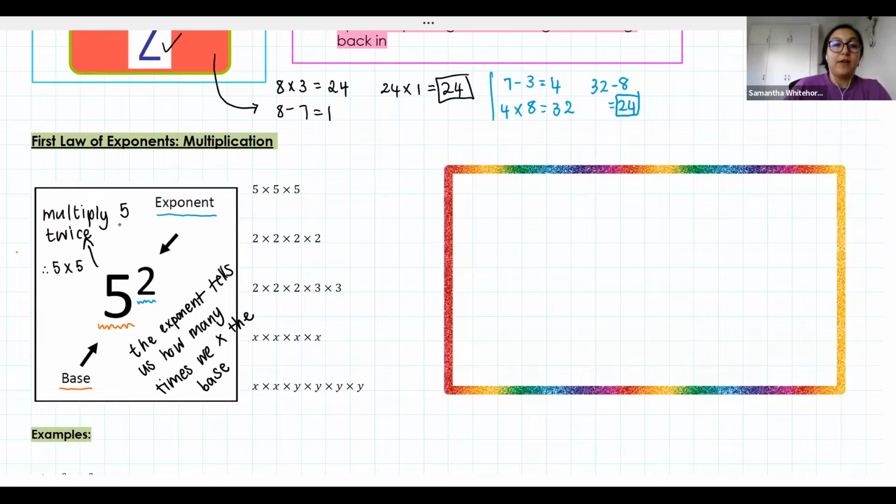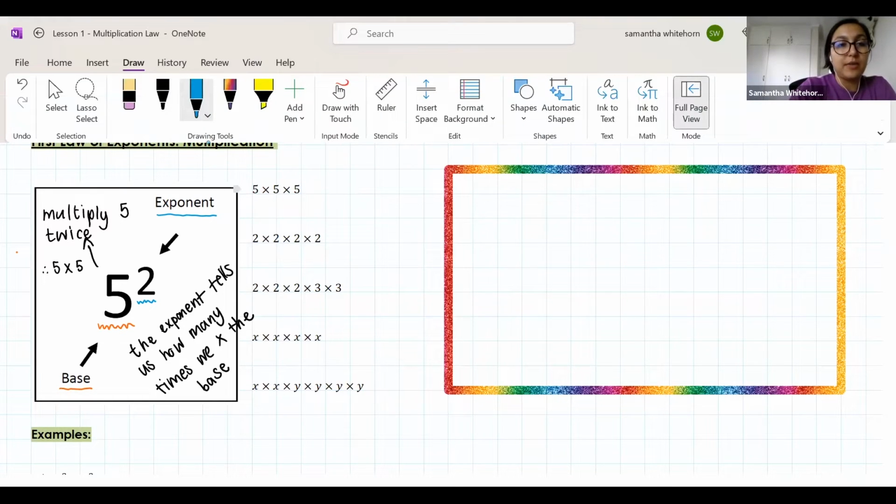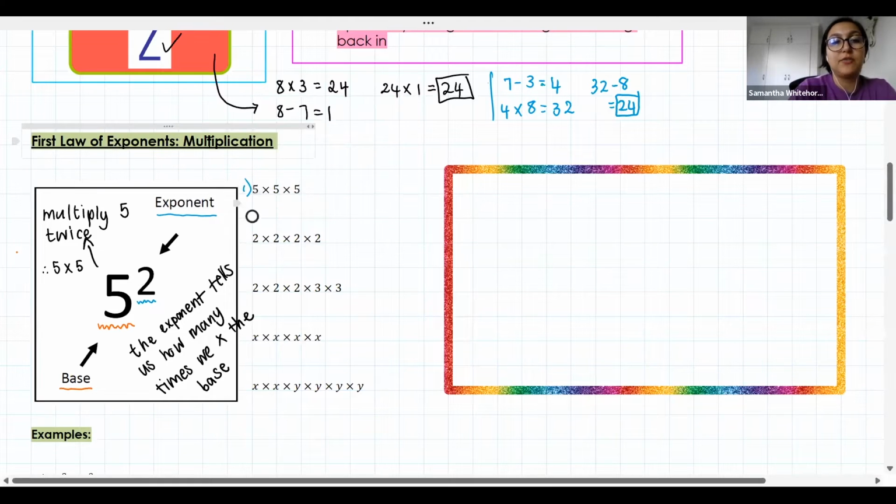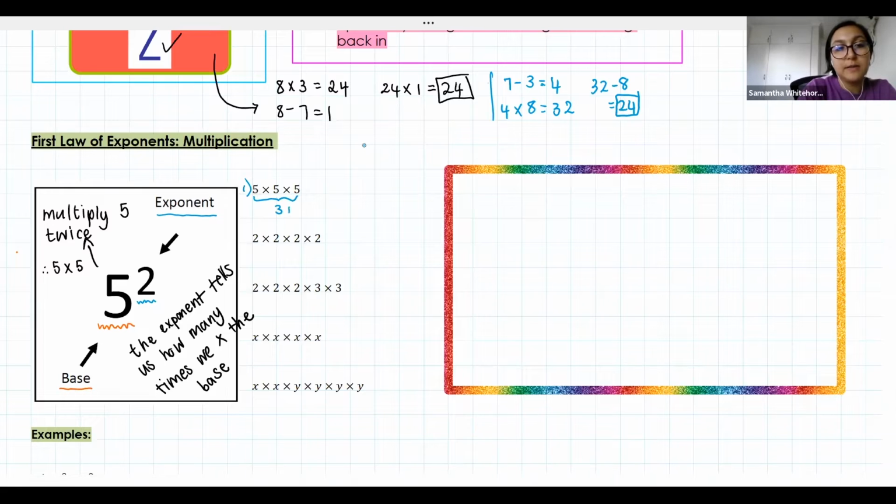So if we go and have a look at some of the examples that I have put down here on the side, our first example that we have here is 5 times 5 times 5. And so what I want to do is I want to write that in an exponential form. And so what I need to ask myself is, how many times am I multiplying the number 5? Well, I can see that I'm multiplying this 3 times.